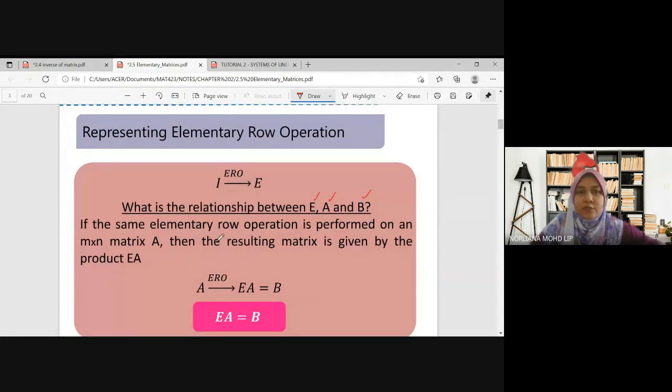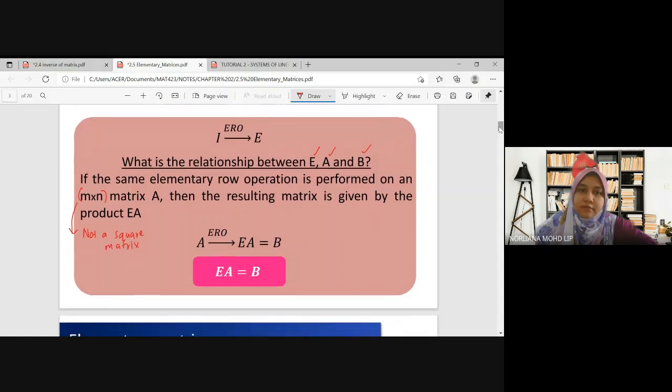If the same elementary row operation is performed on a matrix of size m times n, where A is not a square matrix, then the resulting matrix is given by the product E times A. E times A is equal to B.